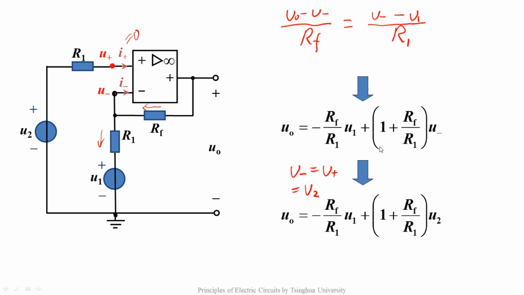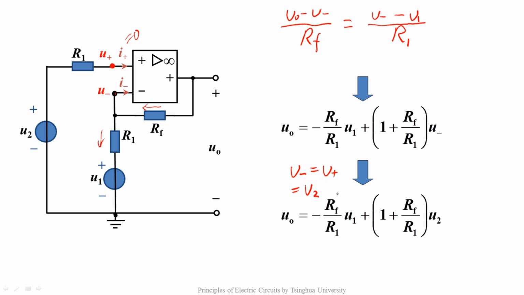Let's review the whole analysis. In the analysis, this equation cannot be changed, because the topology of the branch is unchangeable. U minus equals U plus is unchangeable too. U plus equals U2 here.